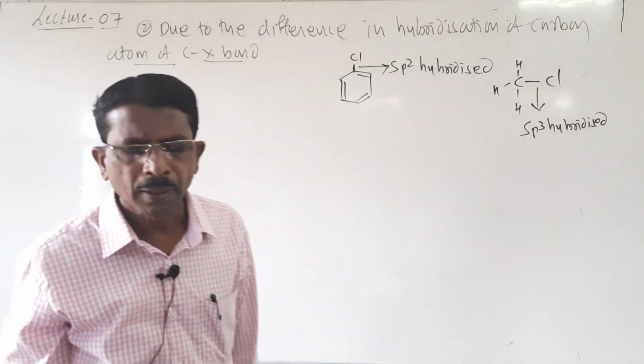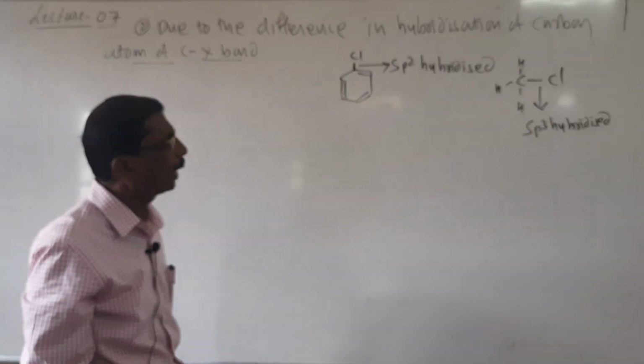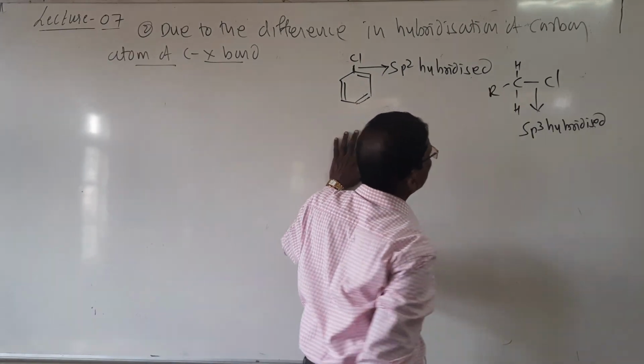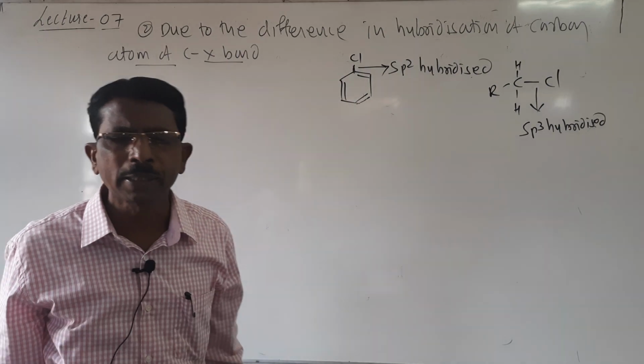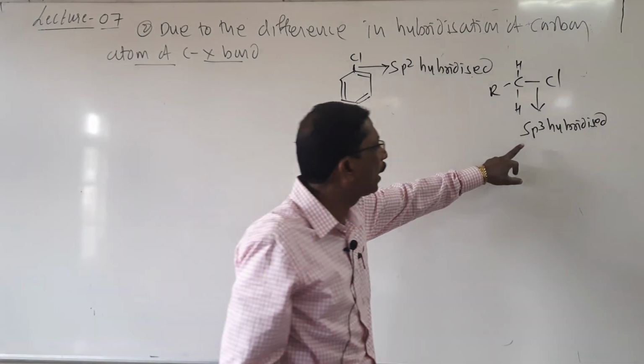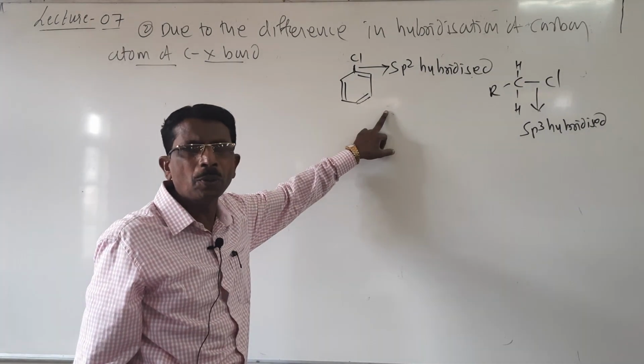Sp2 hybridized, and here it is sp3 hybridized. You may take any example, or you may write generally R-Cl, where R is CH3, C2H5, C3H7, etc. And here it is sp3 hybridized, here it is sp2 hybridized.